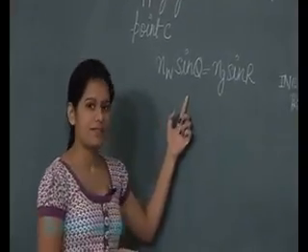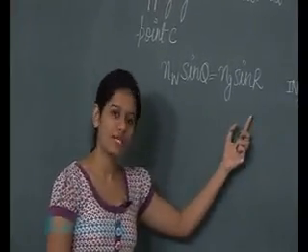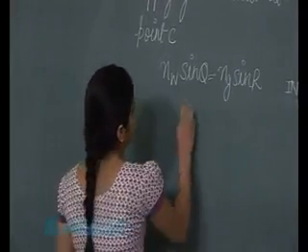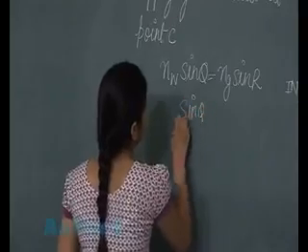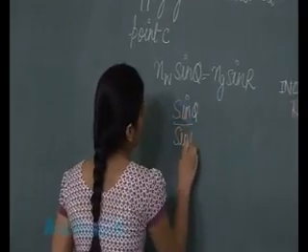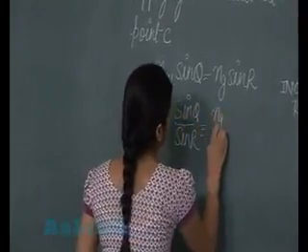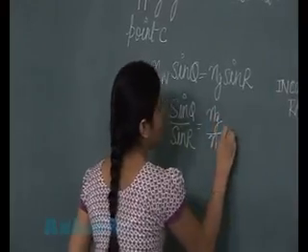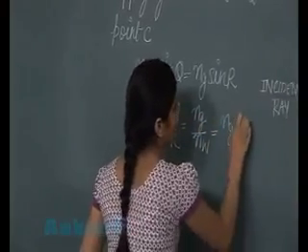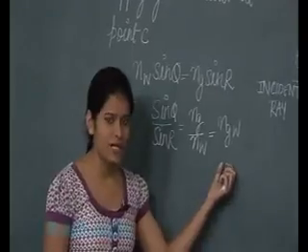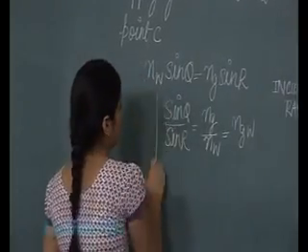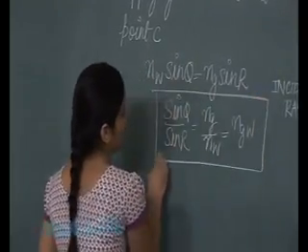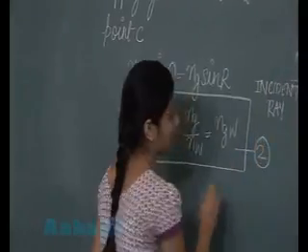Q is the angle of incidence and R is the angle of refraction for this boundary. We get sin Q by sin R is equal to Ng by Nw, which is Ngw, the refractive index of glass with respect to water. Student, we will mark this equation as equation 2.